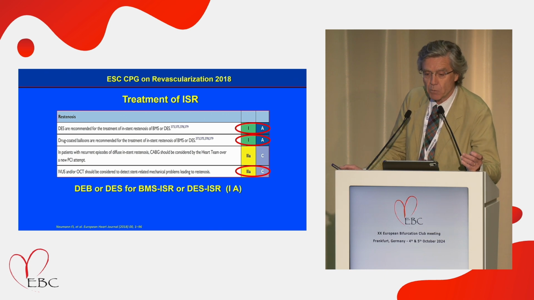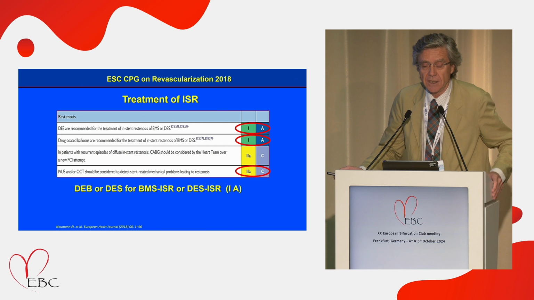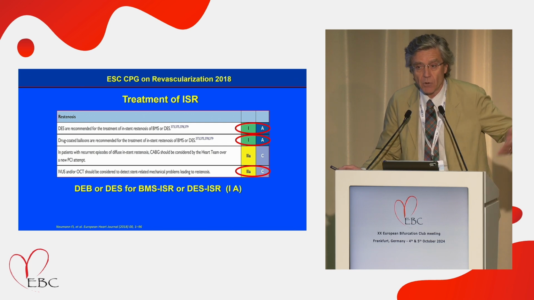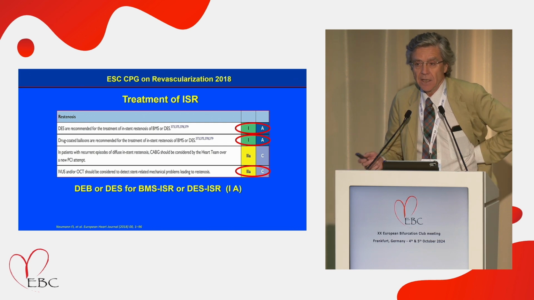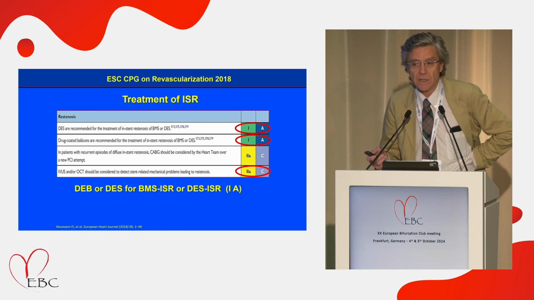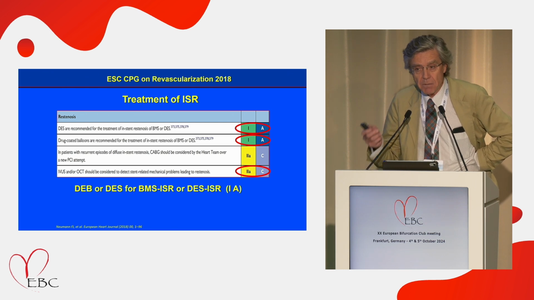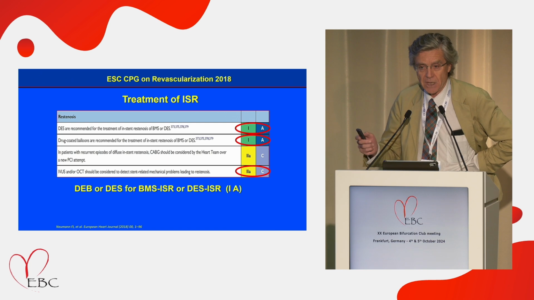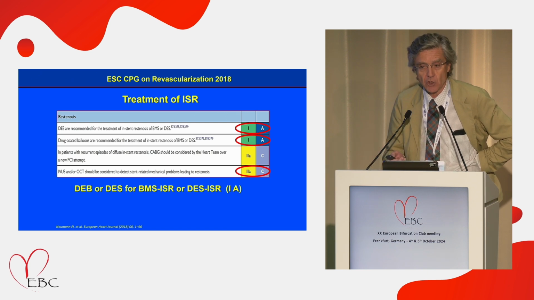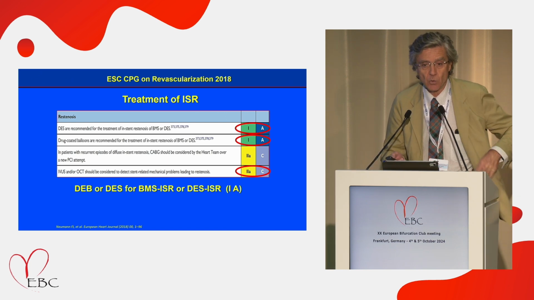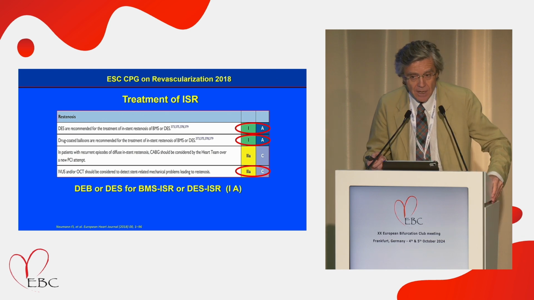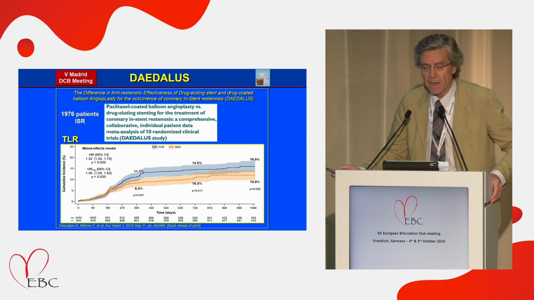So we know from the 2018 revascularization guidelines that both drug-coating balloons and drug-eluting stents may be used, and this is a 1A recommendation for patients with stent restenosis. And also, in those guidelines, we emphasize that intracoronary imaging was of value.